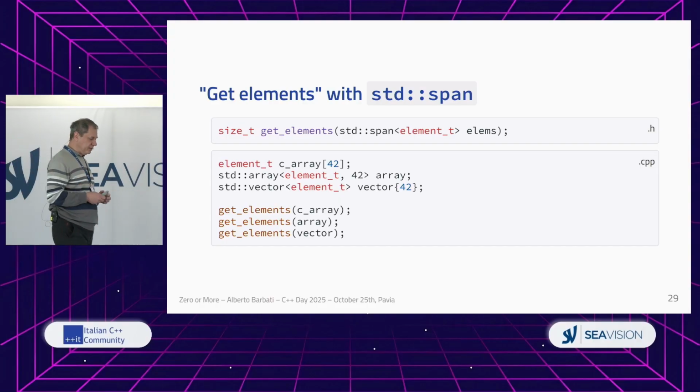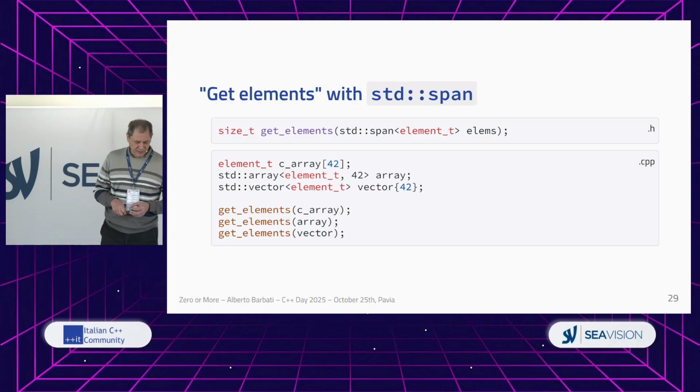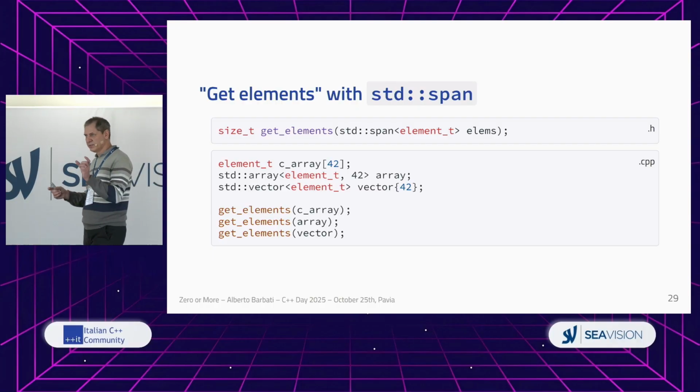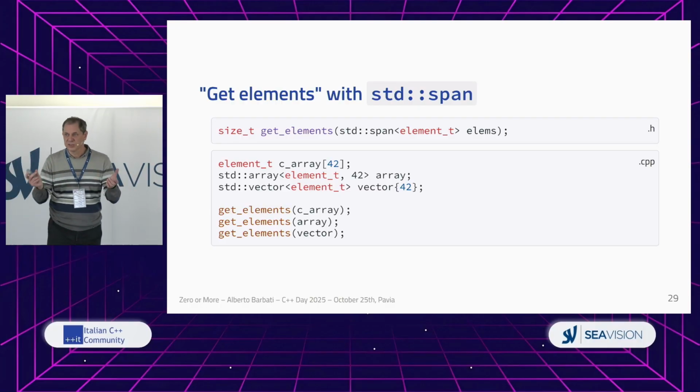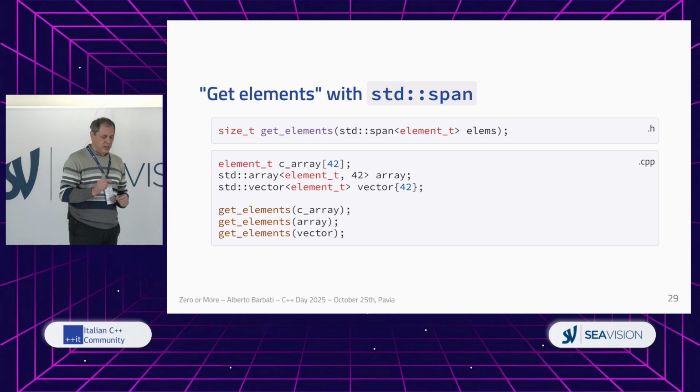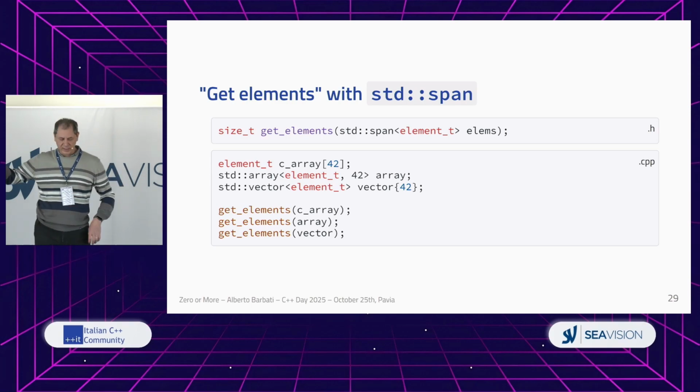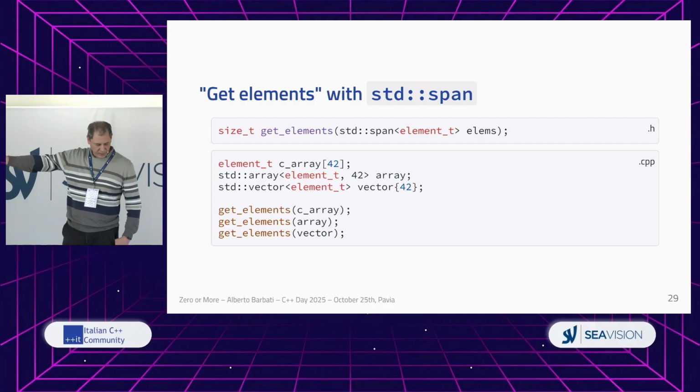Remember, in the get some elements approach in C, I had to pass the buffer as pointer and size. Span is actually a type that wraps together pointer and size. And so you can write the function in this way.